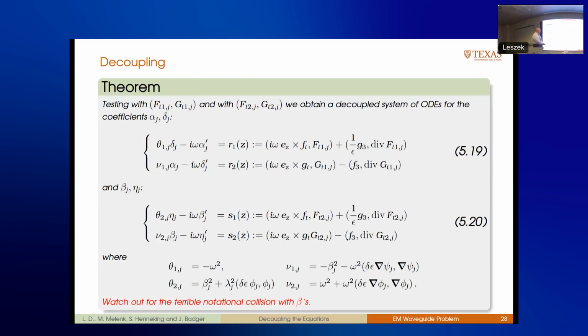The systems involve the eigenvalues, lambda j and mu j, that we have earlier studied. So without the perturbation theory, I cannot deliver these eigenvalues. So I cannot make it, but the decoupling is there. It's just that we don't know with what constant.